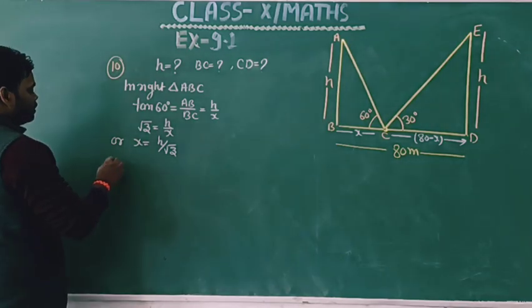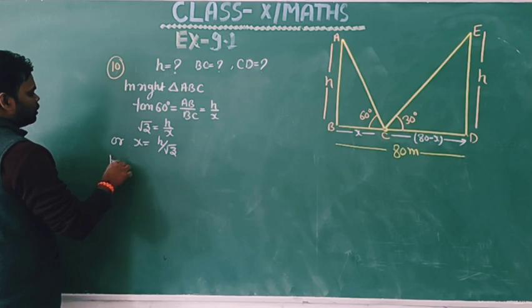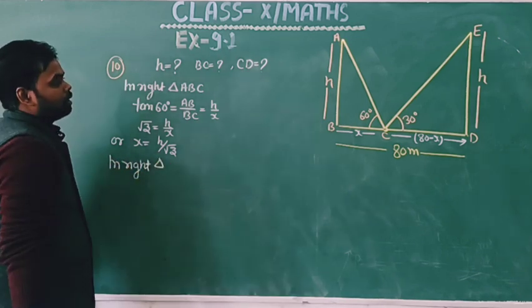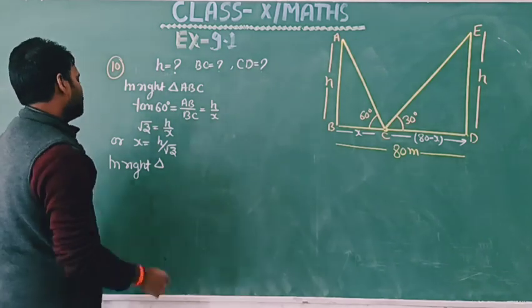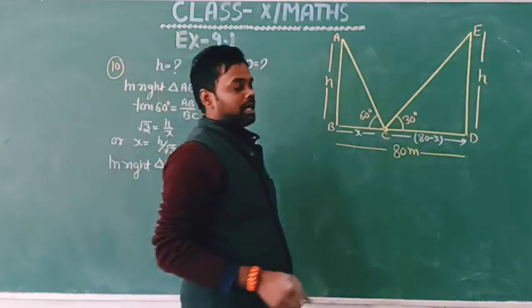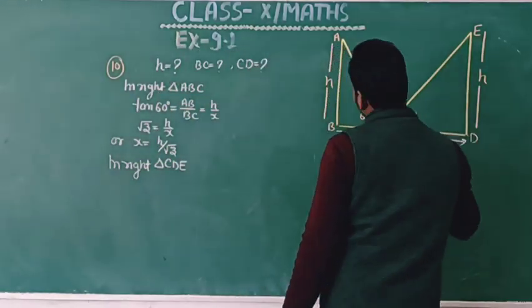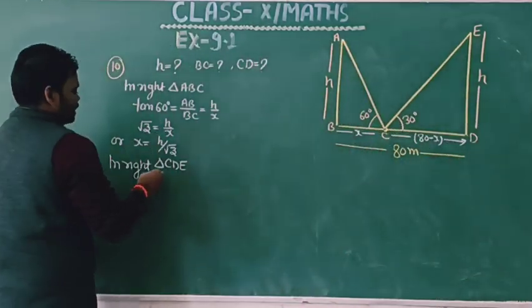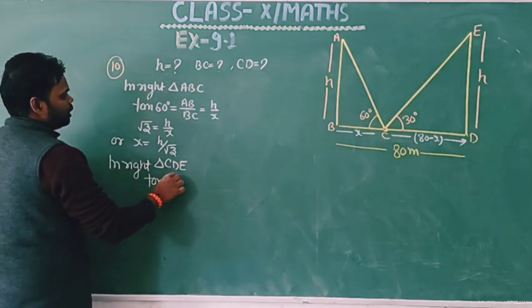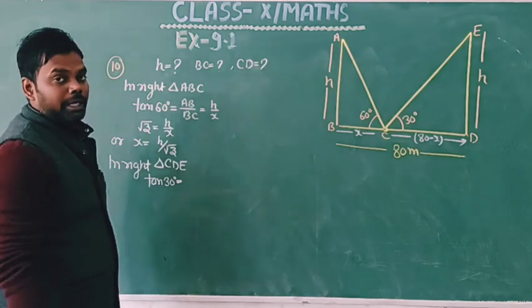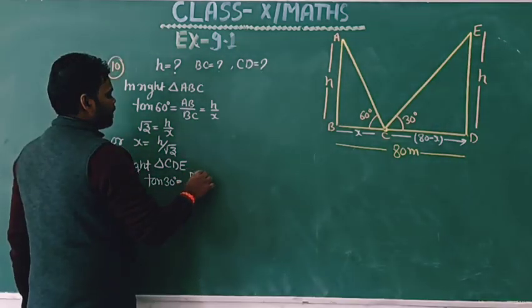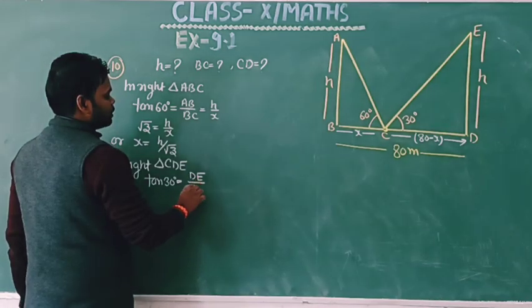Again taking right triangle CDE. In right triangle CDE, tan 30 degree equal to perpendicular upon base, means DE upon CD.